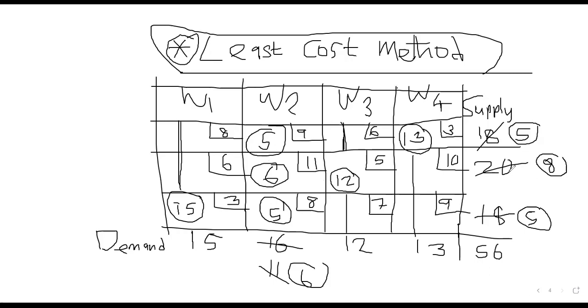This is 13 and 12. So we just need to do a counter check on this one because 6 plus 12 is what? That's 18. Yeah, but it doesn't reconcile with the 20. This one is okay. 5 plus 13 is 18. 6 plus 12 is 18, supposed to be 20.